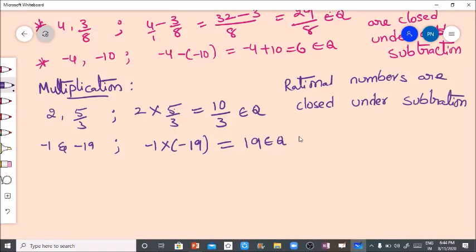The next basic operation is division. I am going to take division, divided by. Again I am taking these two rational numbers, 2 and 5 by 3. I am going to divide 2 divided by 5 by 3.